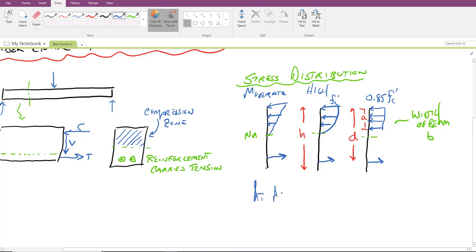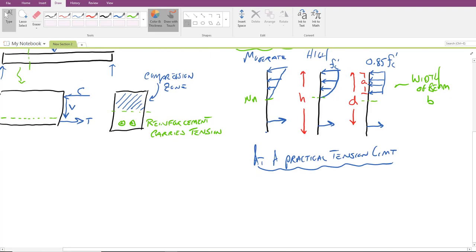At a practical tension limit, in other words, using the full capacity of the materials, the tensile force, by the way, I didn't note this earlier. I'm going to do it with a green arrow here.